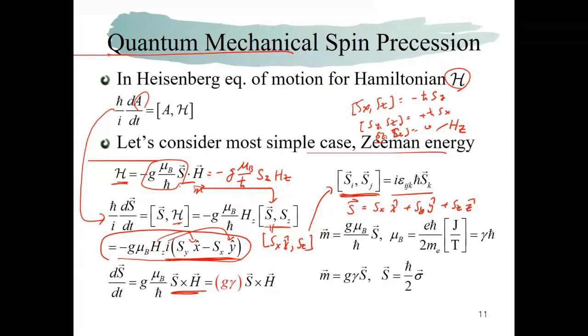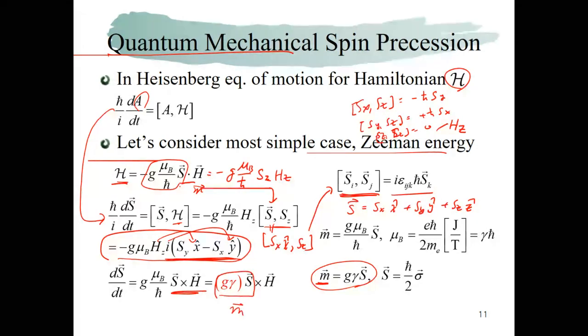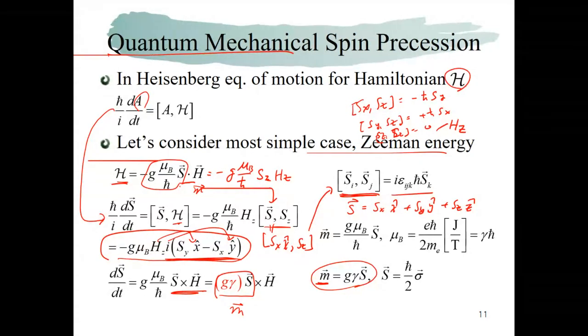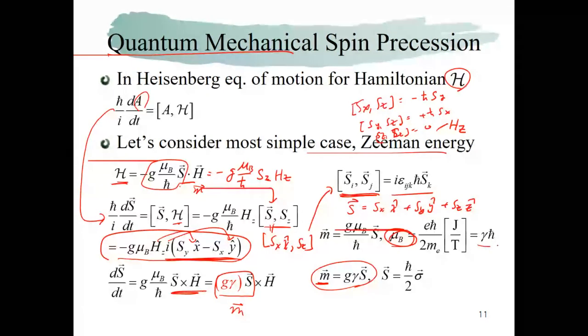And the spin momentum is related to the magnetic moment here, so we can rewrite this one with the magnetic moment. We are using this relation, the magnetic moment is gamma H bar.